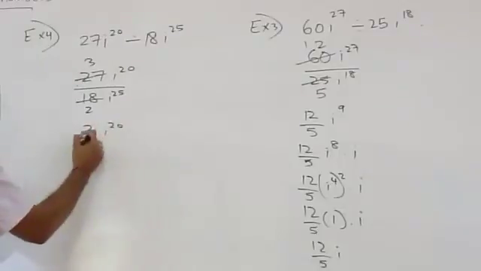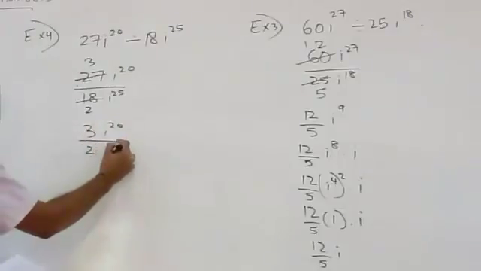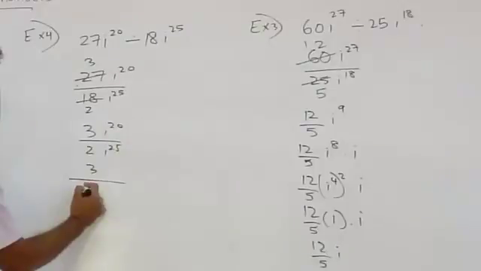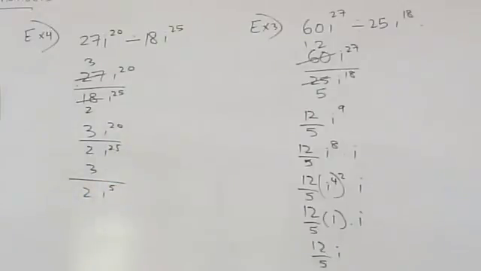Negative power. 3 over 2 divided by i⁵, which is 3 over 2 times i to the power negative 5. So what do you suggest? i⁴ times i. You convert the i⁵ into i⁴ times i, we'll have i in the denominator, which still becomes i to the power negative 1.